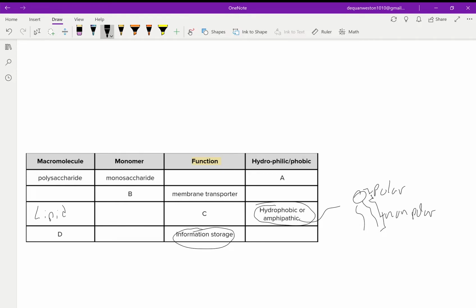The only one that stores information is your nucleic acid. The only one that can be a membrane transporter is a protein. So just learn how to recognize these things, and you'll be really good once you learn. We know that a polysaccharide or a monosaccharide looks kind of like this, if you remember.